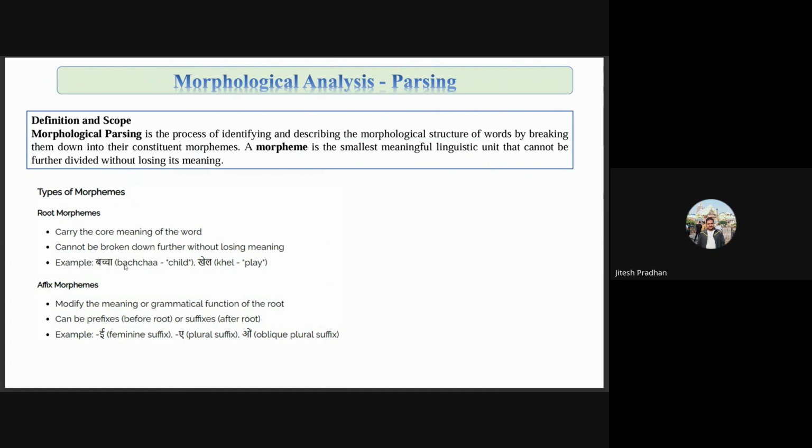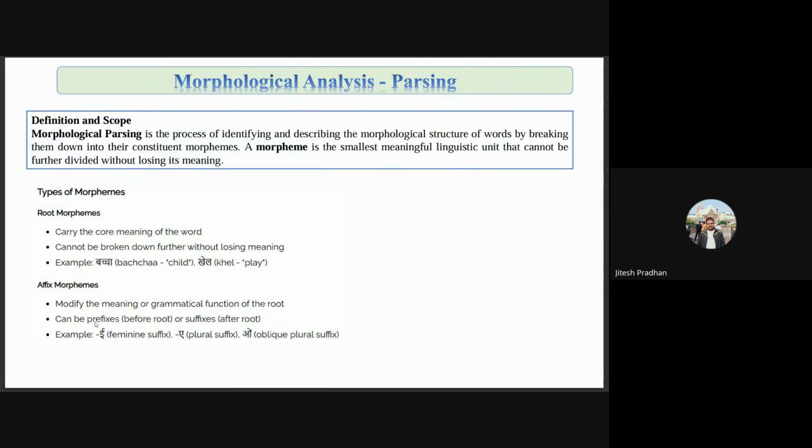For example, child cannot be divided further. Play cannot be divided further. In terms of Hindi, bacha cannot be divided into any subparts, and khel cannot be divided into any subparts. These are called root morphemes. Affix morphemes modify the meaning or grammatical function of the root.